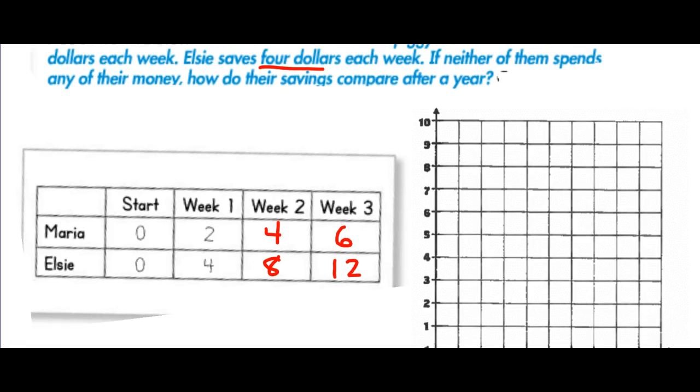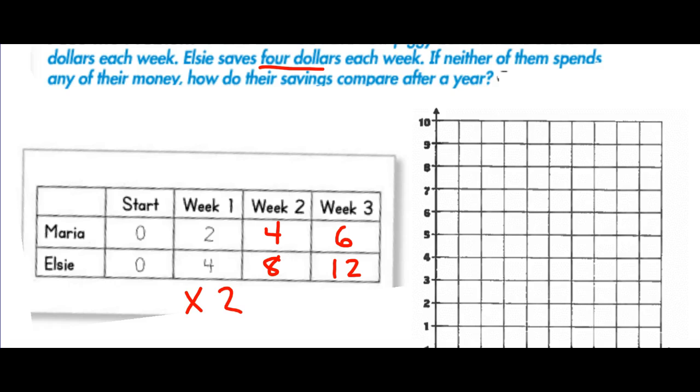So we look at this and we try to identify our relationship, okay? So when we look between Maria and Elsie, we see a pattern, okay? So it's either 2 plus 2 or 2 times 2. So we have to look at the next one. Well, 4 plus 2 is 6, so it's not plus 2. So our rule here, from Maria to Elsie, is times 2.